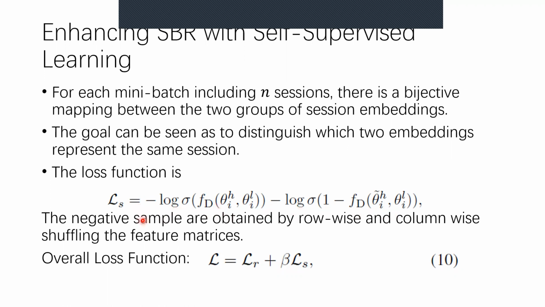The negative samples are obtained by row-wise and column-wise shuffling of the matrices. And f_D is basically a discriminator function. It can be just a dot product. And the overall loss function is L, where L_R is the recommendation loss, and L_S is the self-supervised learning loss.